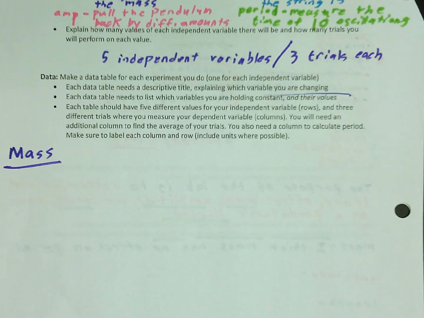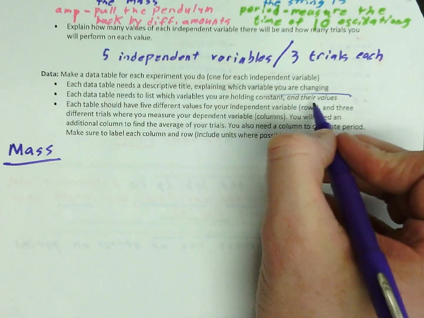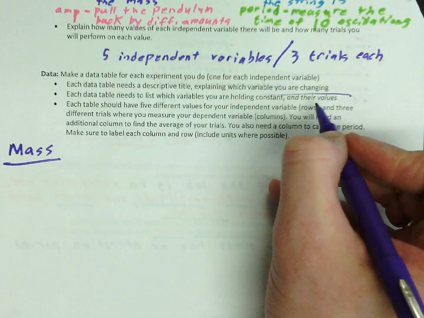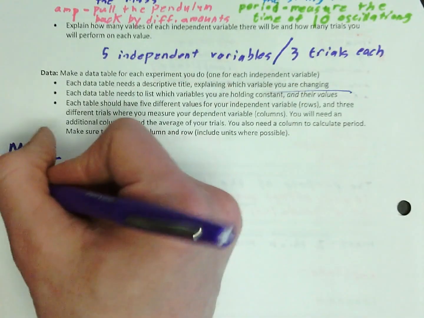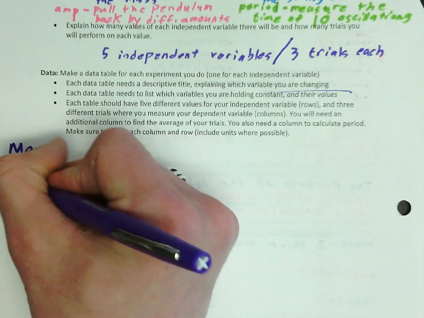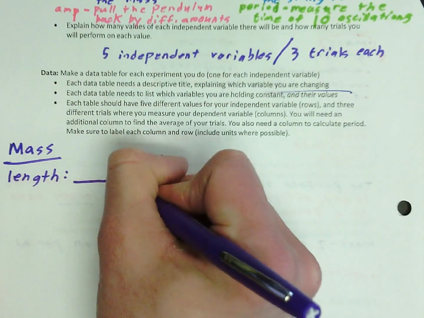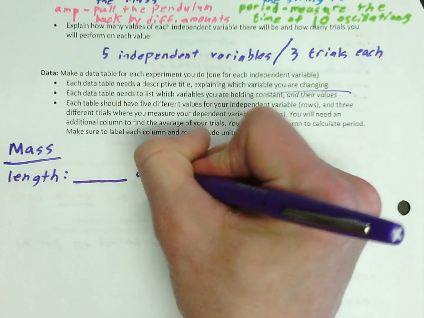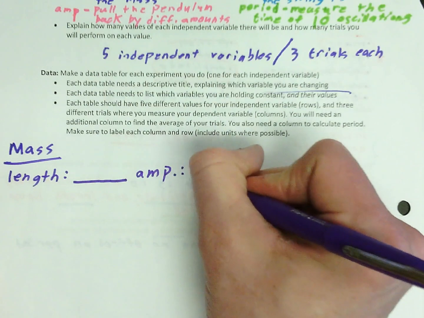Once you've done mass, the next thing you need to do is write what the variables are that you're holding constant and their values. So I'm holding constant length and amplitude. Those things are not going to change for me.